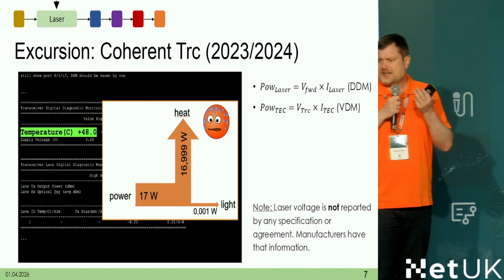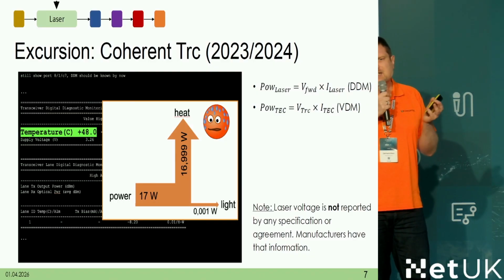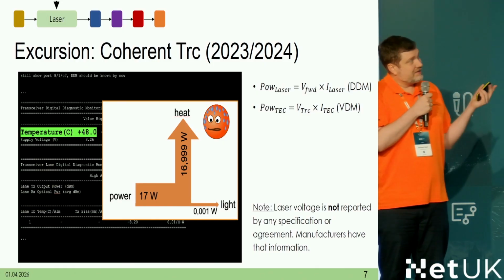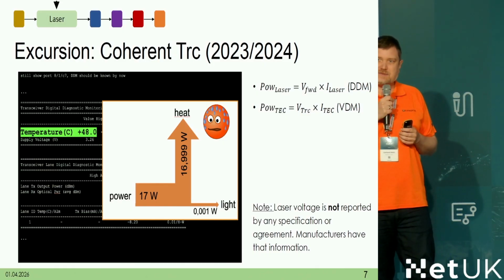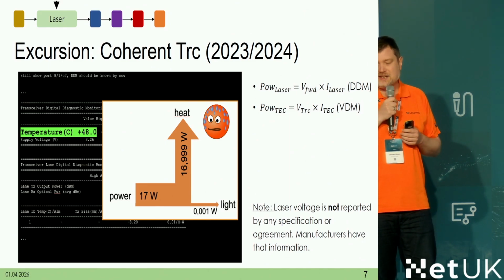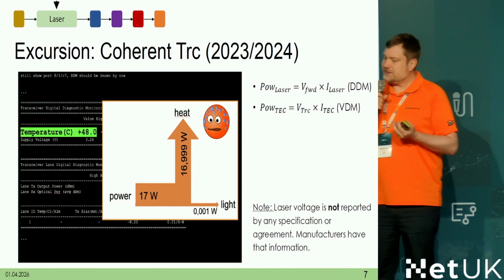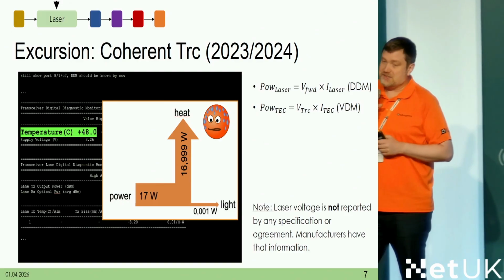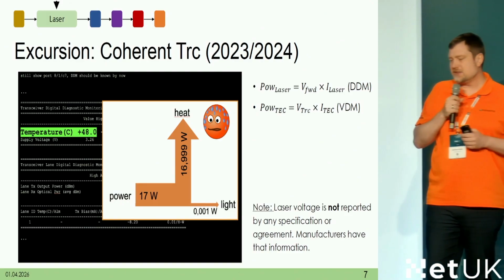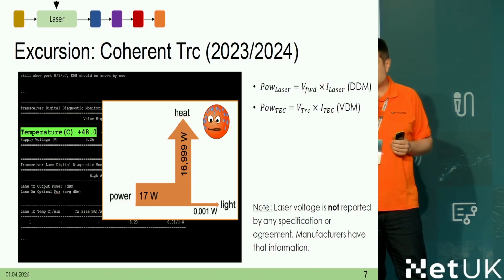A usual 100G transceiver you can estimate at 3 or 4 watts depending on the model, but for the coherent one, this is a 17 watt one, a lower one. We have some that go up to 28 watts. These are becoming real beasts in terms of power consumption. And as you know, most of the power goes into heat, unfortunately, and only a very small portion is photonic power, which is the invisible light.